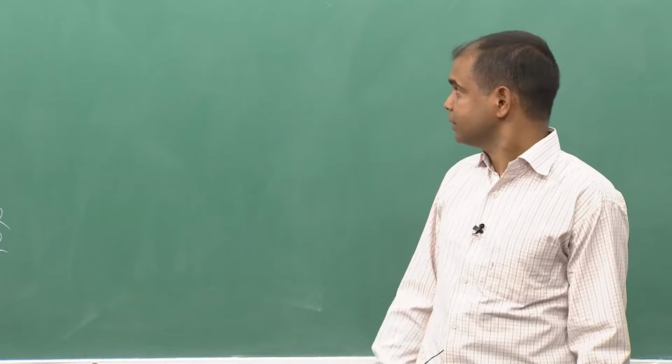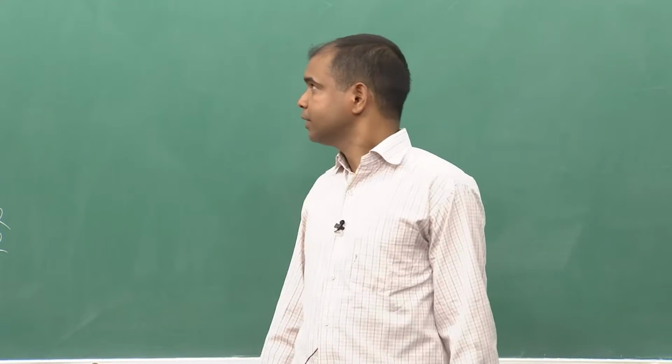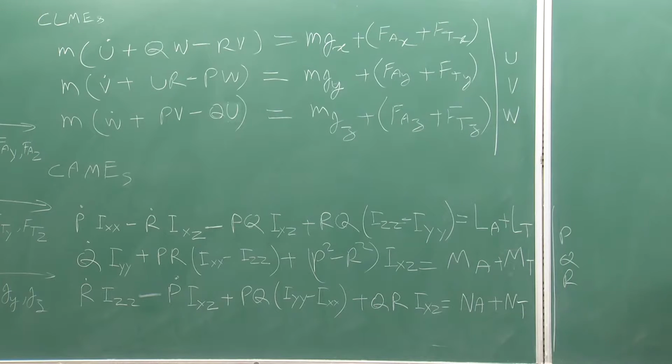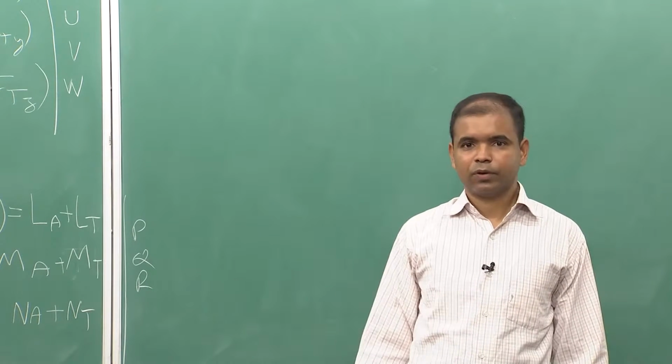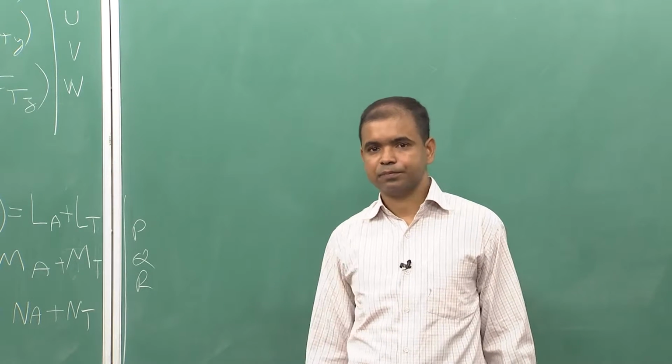Now, the question is how we can find the trajectory of the aircraft. We have three velocity components, and these velocity components are in the body frame of the aircraft, and if we want to determine the trajectory of the aircraft, we will require these velocity components in the inertial frame, because whenever we talk about the trajectory, obviously we are talking in terms of the inertial frame.